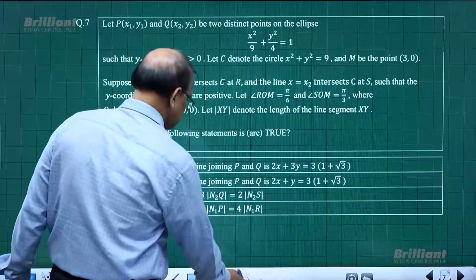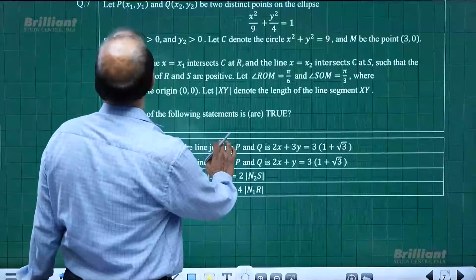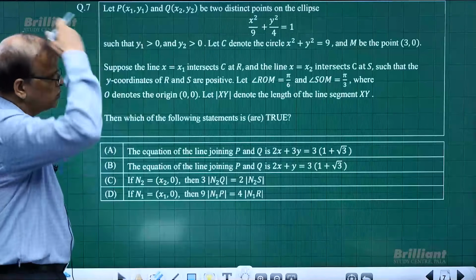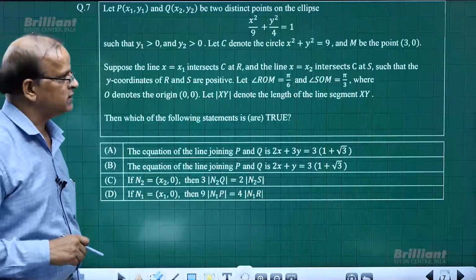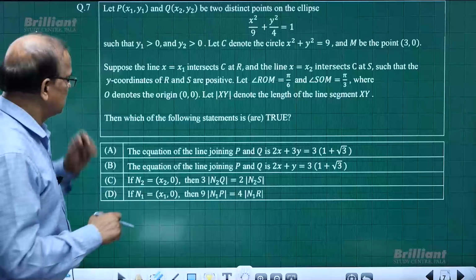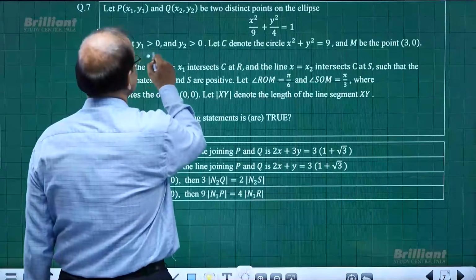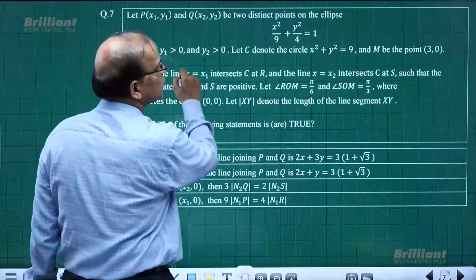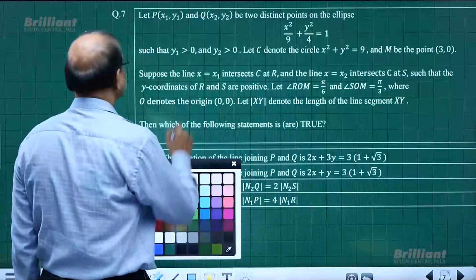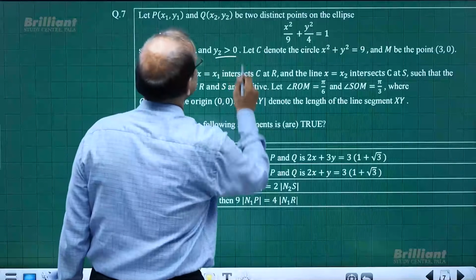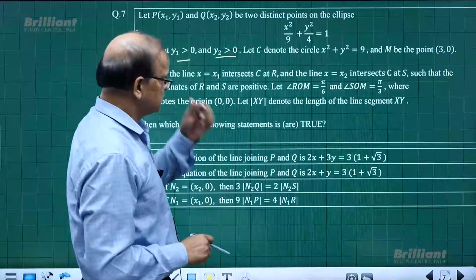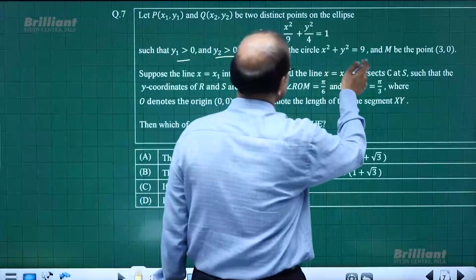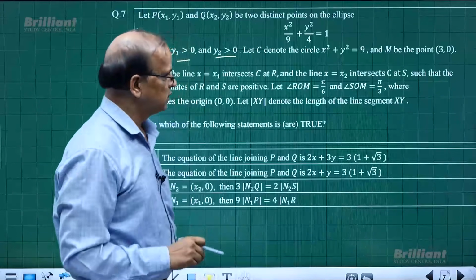So, this is an ellipse problem. P(x1, y1), Q(x2, y2) are distinct points on the ellipse, and y1, y2 are positive. C denotes the circle, this is the auxiliary circle, right.